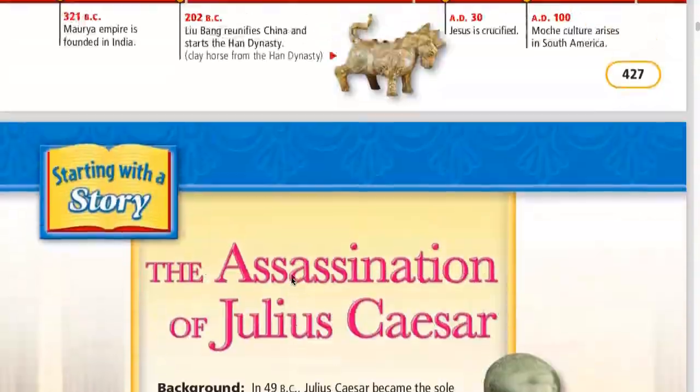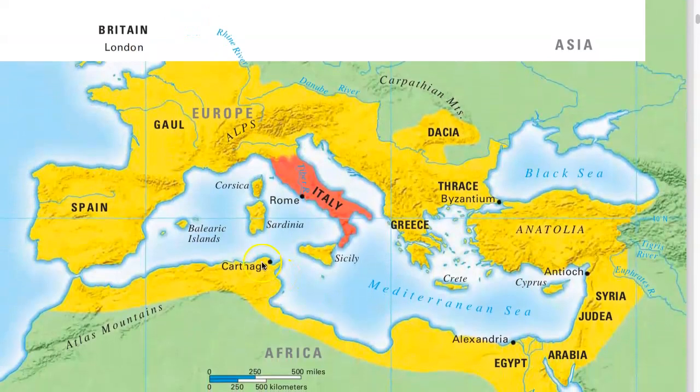Back to the map. Here is Carthage. So it's really not that very far away. The scale on this map is 500 miles, so it's not that far away.